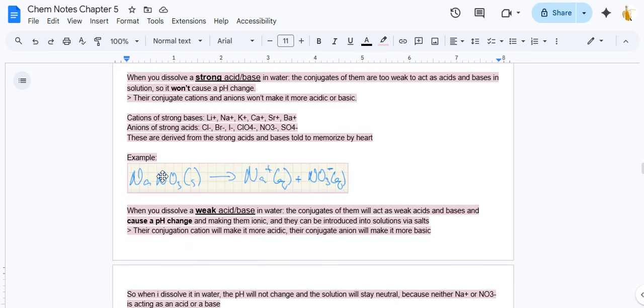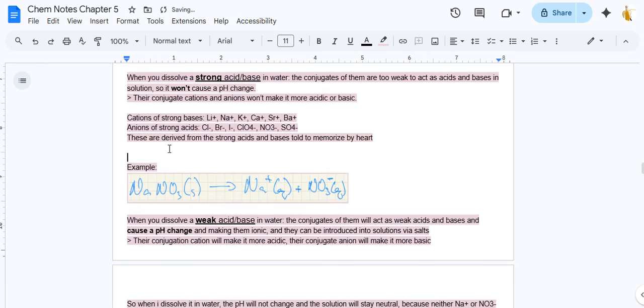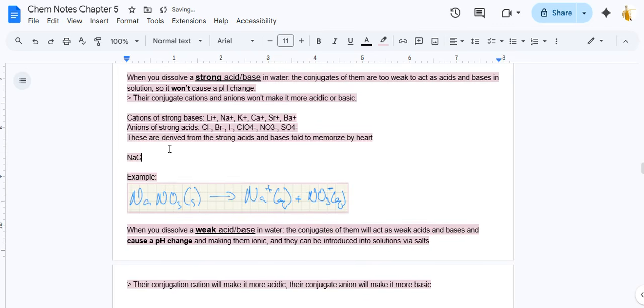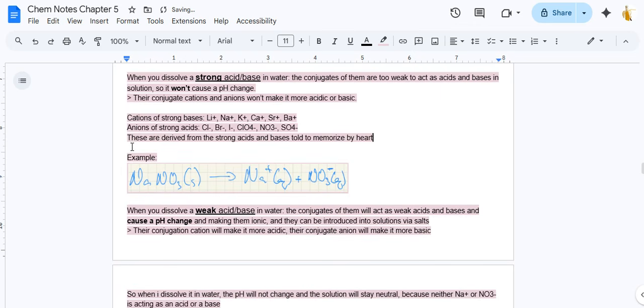Salts dissociate. For example, you probably remember NaCl is a salt, and when it's in water, it dissociates into Na plus and Cl minus. So this is a salt here. It dissociates into Na plus and NO3 minus.